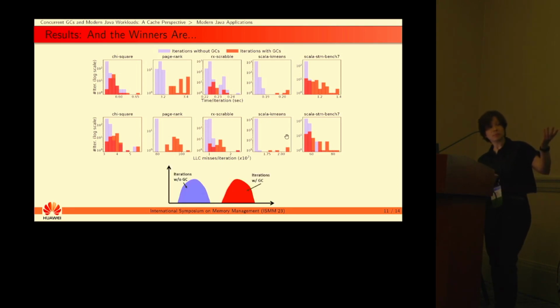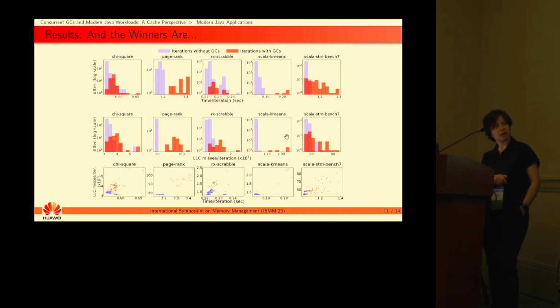Please remember, we were looking for this kind of distributions and separation. However, we don't really see it that much in the results. There's much more overlap than we expected. Up here we show the execution time, and down here we show the LLC misses again. However, you can't really see the correlation too well.